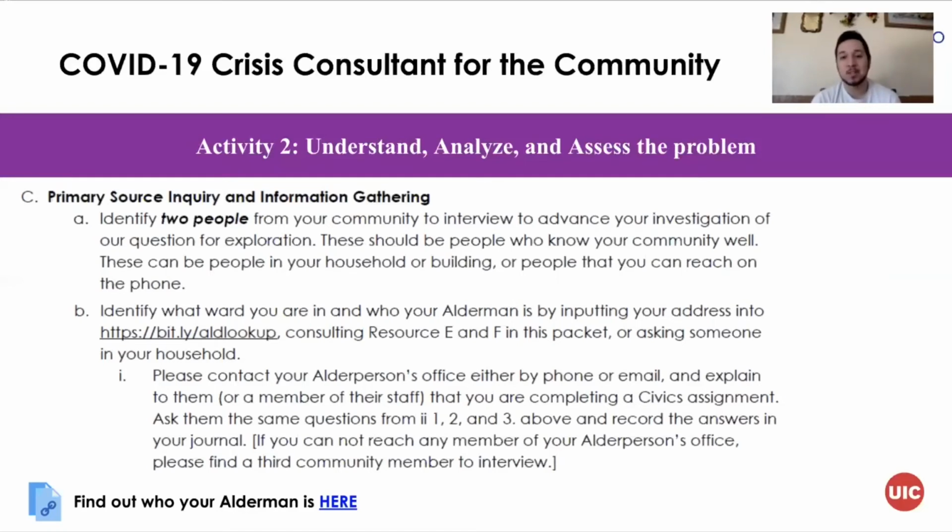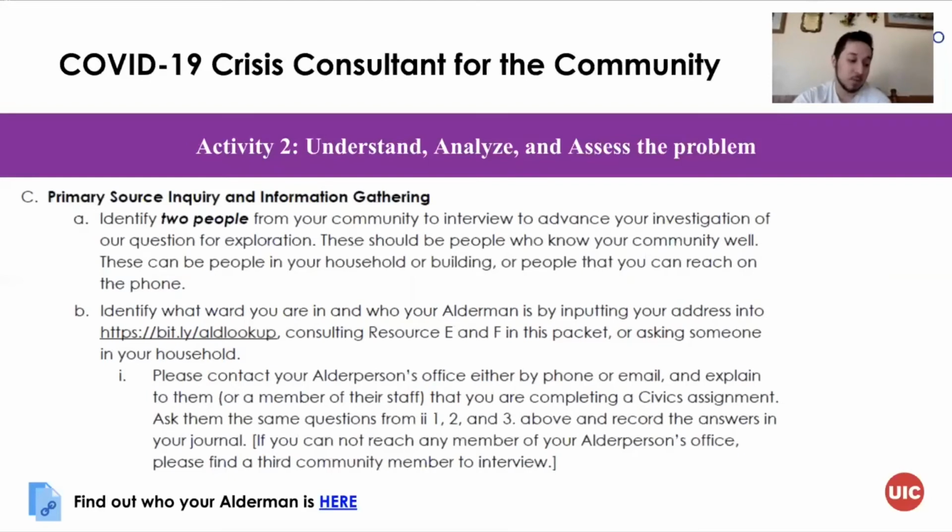We don't want you to go out and meet with them physically, but maybe set up a phone call interview or a Zoom call, and you can talk about the questions you still might have, or things you're curious about. And then, like I said before, figure out who your alderman is.